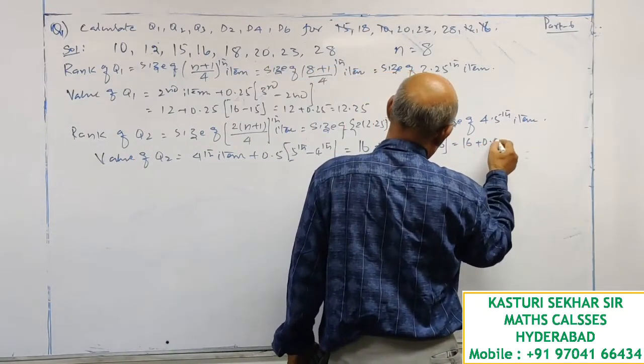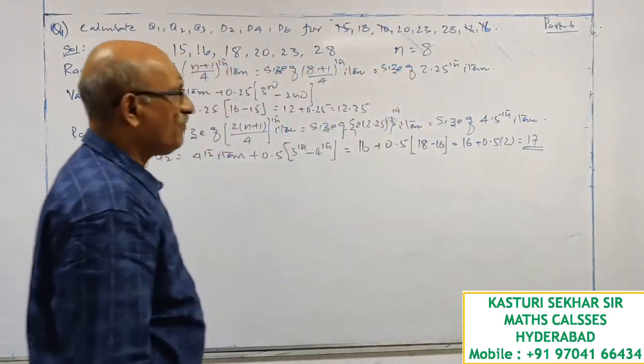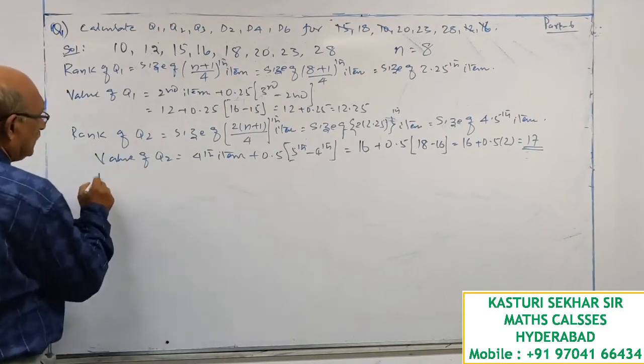So 16 plus 0.5 into 2, 17. So value of Q2 is equal to 17.